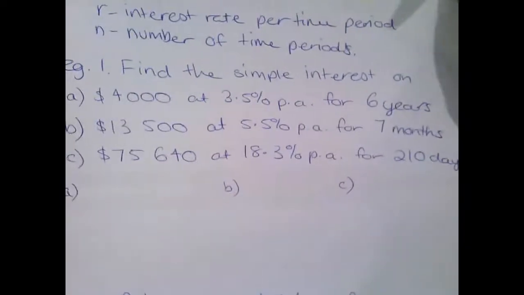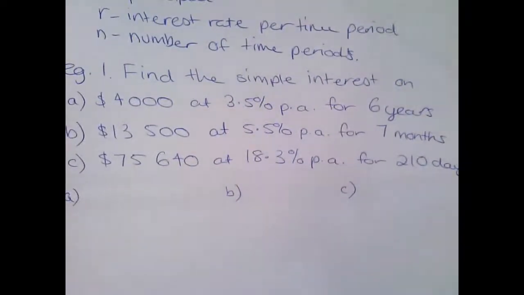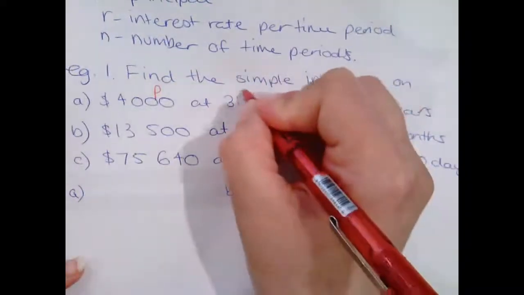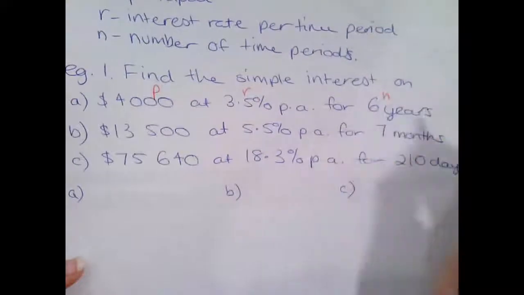Okay, so looking at the first example, find the simple interest on $4,000, 3.5% per annum for 6 years. So you can go through and write in, if you like, what each of the ones is with respect to the formula. So 4,000 would be the principal that we're starting with. This is our rate, and this is the number of time periods you can see in there.